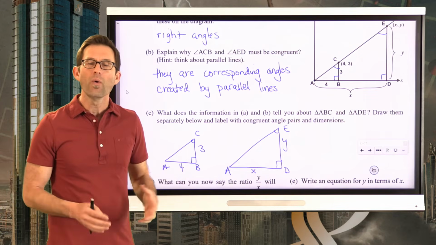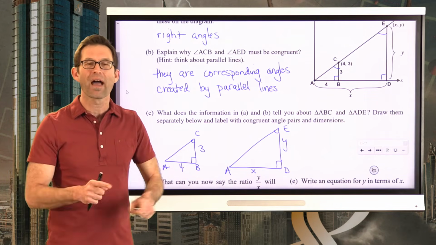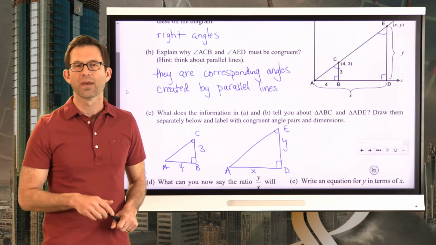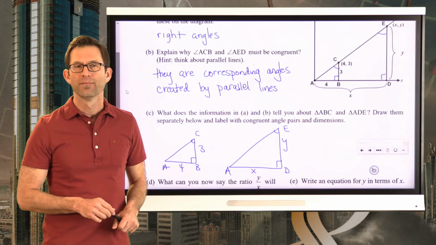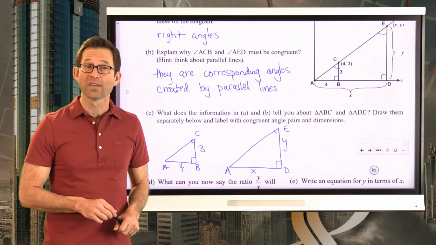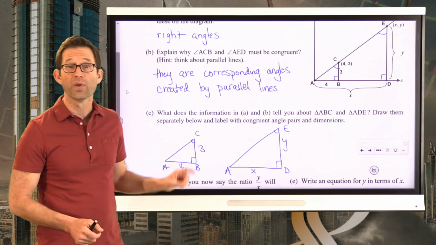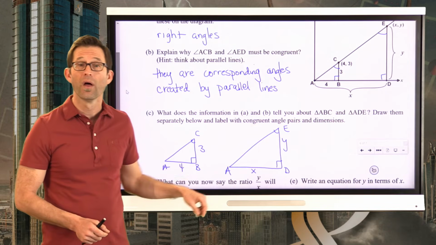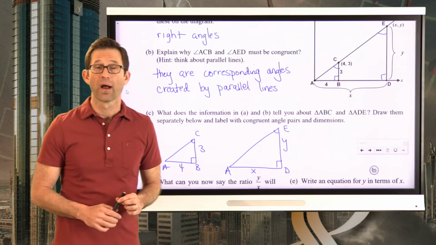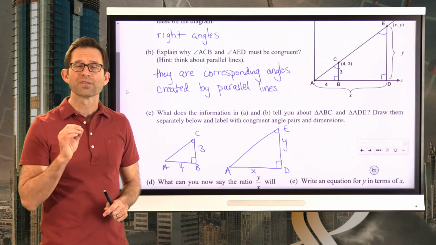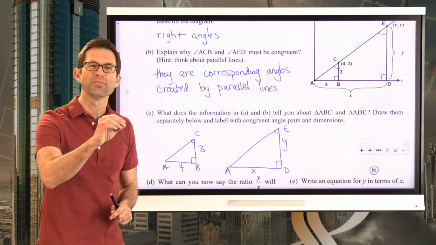But what do we know about these two triangles? Think back to our work in the last couple units. What can you say about them? Well, you can say that they're similar. And you can say that they're similar because we've got two angles of this triangle congruent to two angles of that triangle. Remember, we spent a lesson a couple units ago on similar triangles and what made them similar.